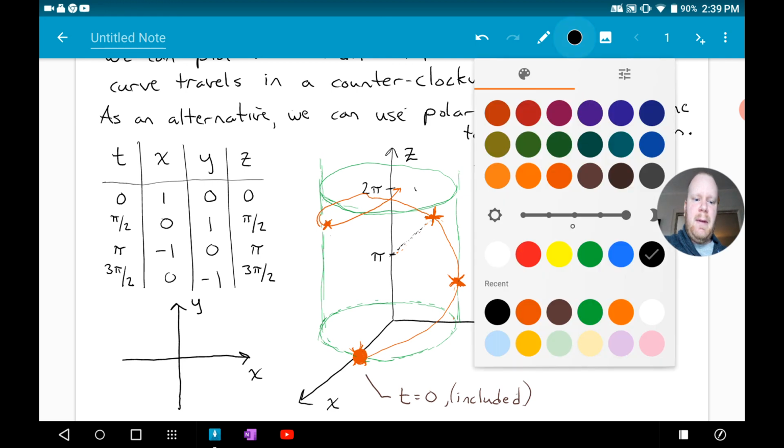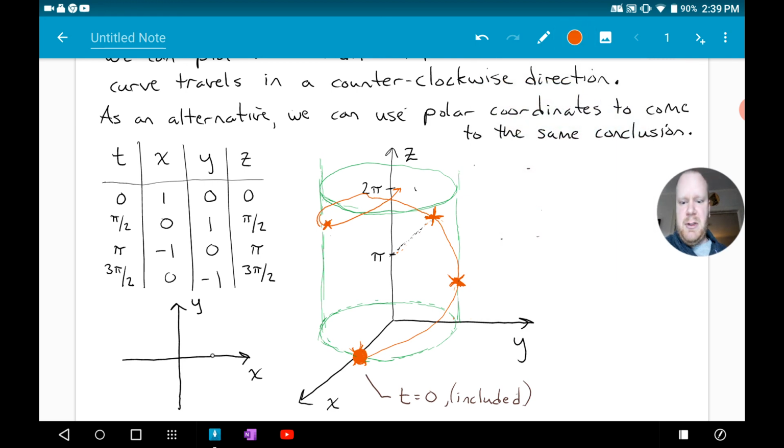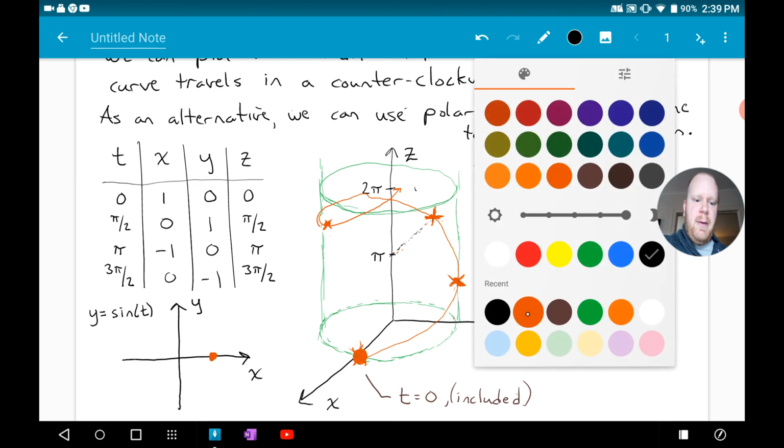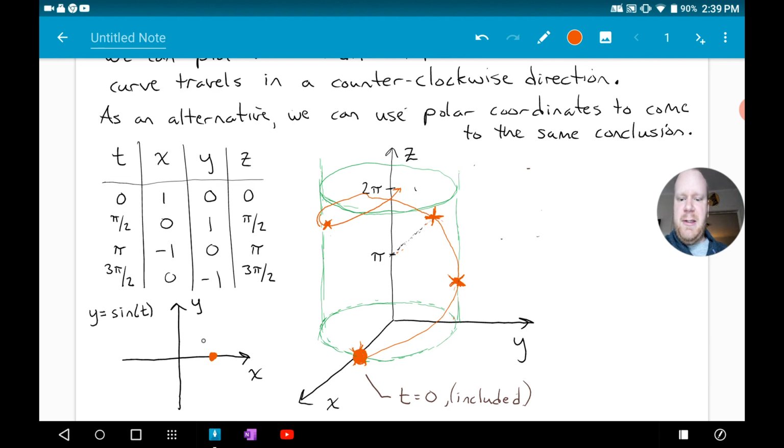So this curve starts at this point here. This is t equals 0. And we have that y is equal to sine of t. What that's telling us is as we move along the cylinder, when t is increasing, y is also increasing.